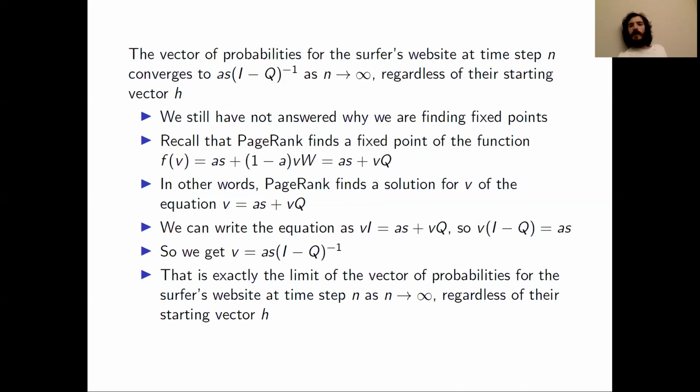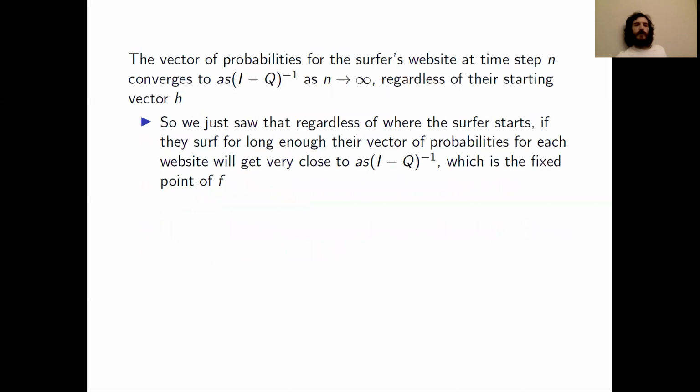And this limit again has no dependence on the starting vector of the surfer. So wherever the surfer starts, if the surfer surfs for long enough, their vector of probabilities for each website will get very close to AS times (I minus Q) inverse. In other words, their vector of probabilities will get very close to the fixed point of f.